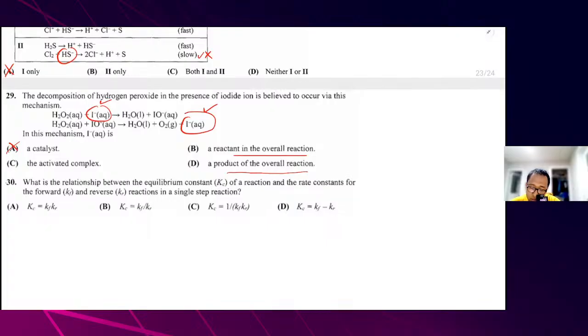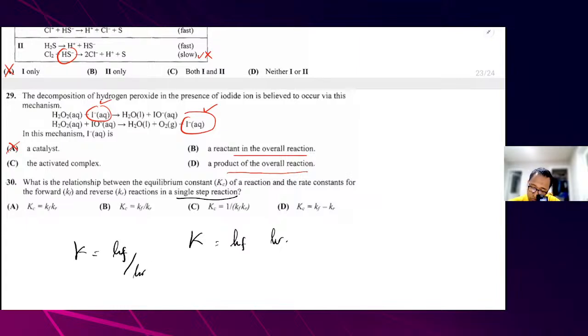Number 30. What is the relationship between the equilibrium constant of the reaction and the rate constants Kf and Kr? We know in a single step reaction, K is Kf divided by Kr.